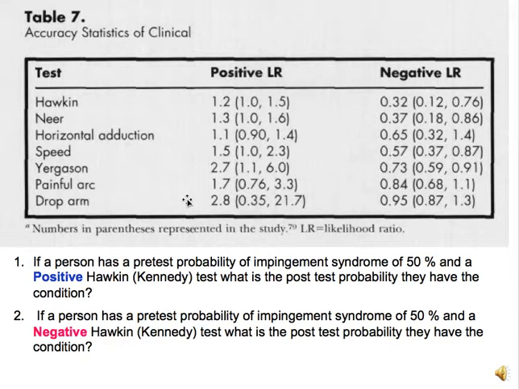And so here's an exercise for you to do. This is the accuracy statistics, positive and negative likelihood ratios for shoulder tests. And what would be a good exercise for you to do just to check yourself is to apply these results, a positive Hawkins-Kennedy and a negative Hawkins-Kennedy, to a nomogram and see what you come up with for post-test probabilities.